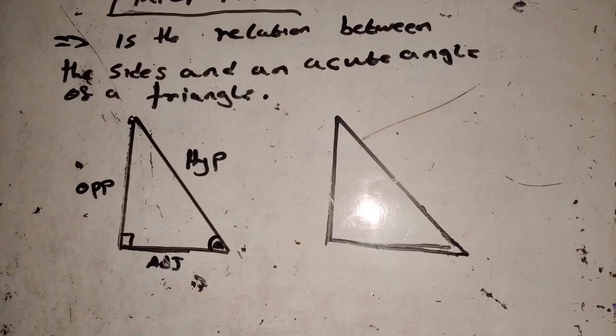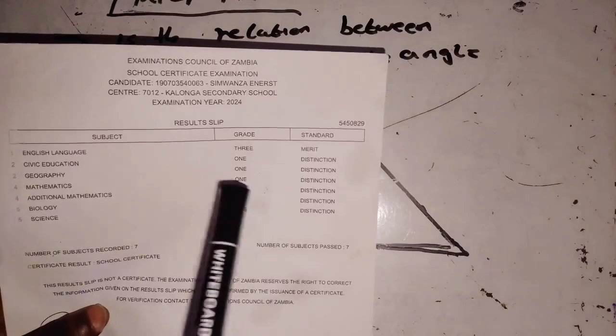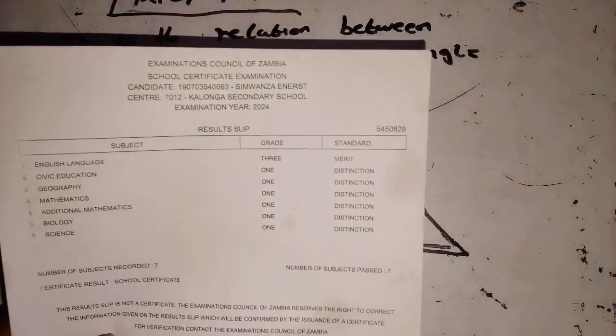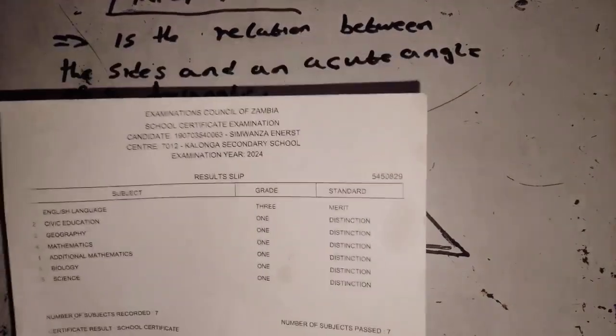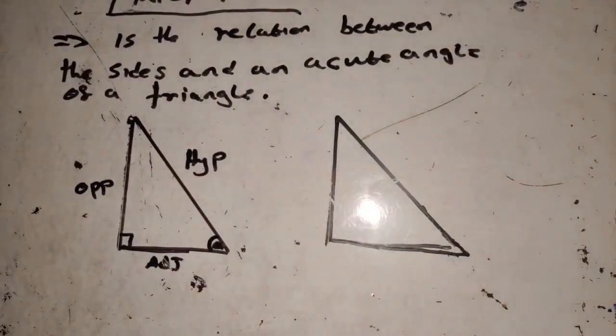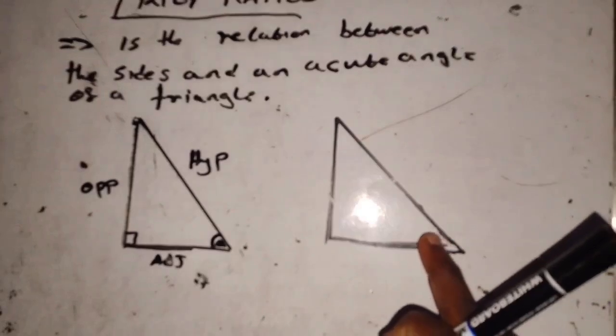If you see my statement of results, in additional mathematics I got a distinction. You can also get this distinction if you continue attending our lessons and studying. If others can do it, you can also do it.